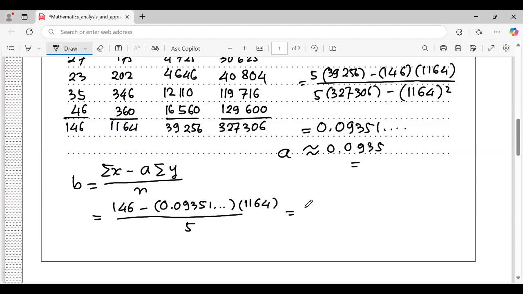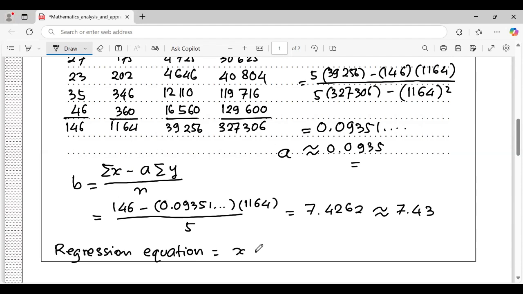And if we calculate, the result is 7.4262, rounded off becomes 7.43. And the regression equation is x equals ay plus b.